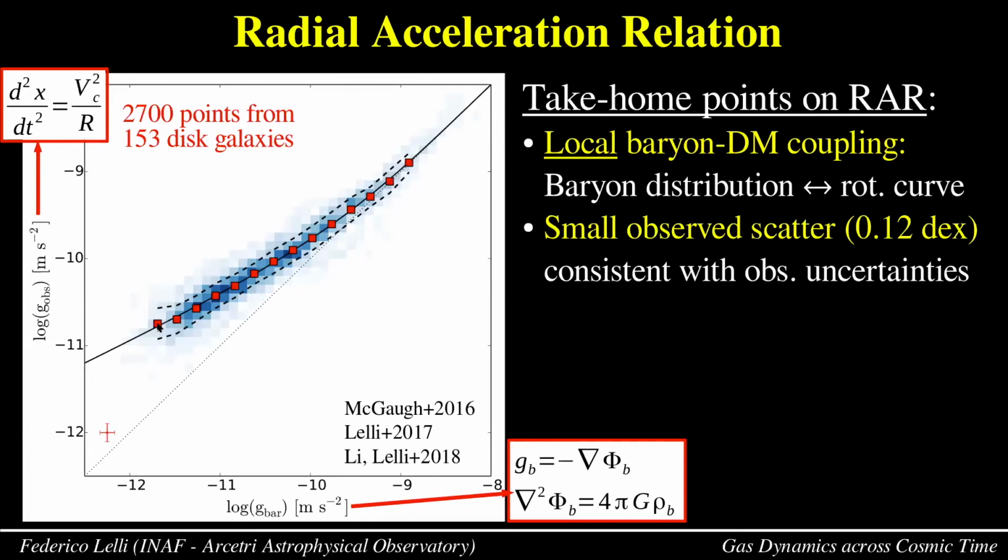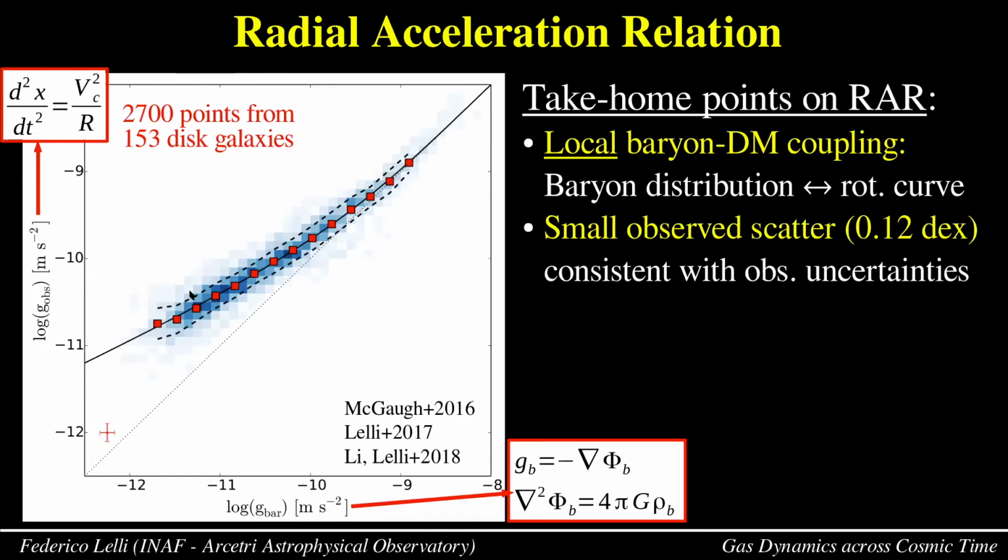The red squares are simply mean values in bins of acceleration. On the y-axis, we have the observed acceleration, which is simply the circular velocity squared divided by r, whereas on the other axis, we have the expected acceleration from the distribution of baryons that we can compute by solving the Poisson equation in cylindrical symmetry.